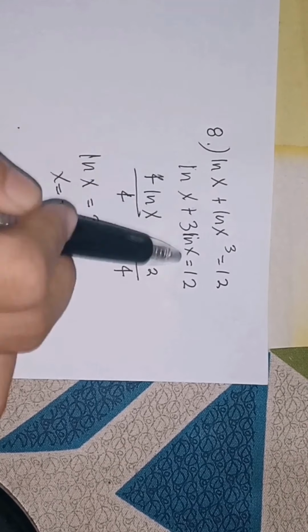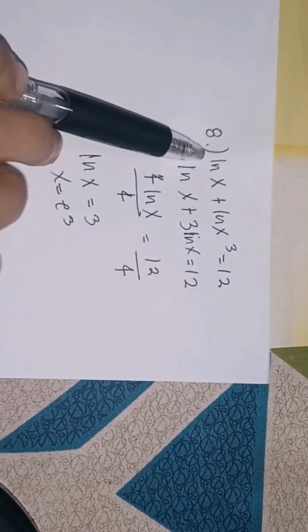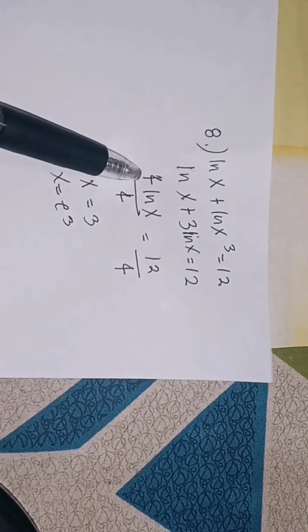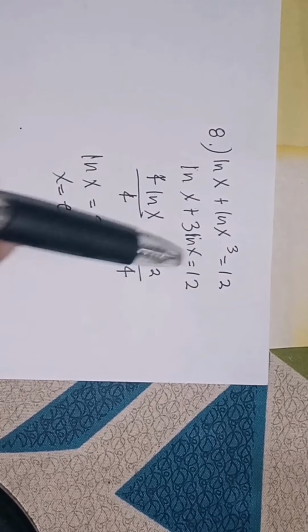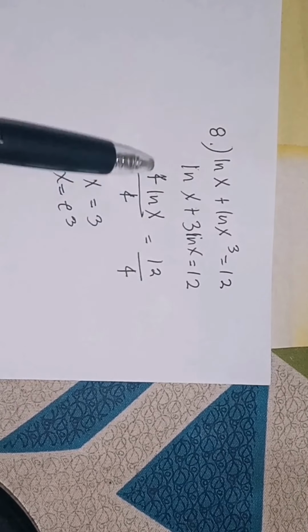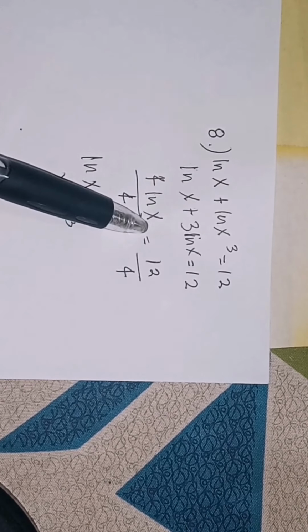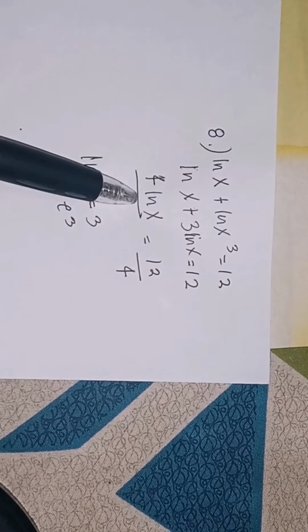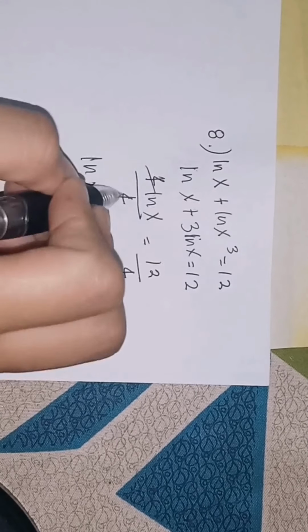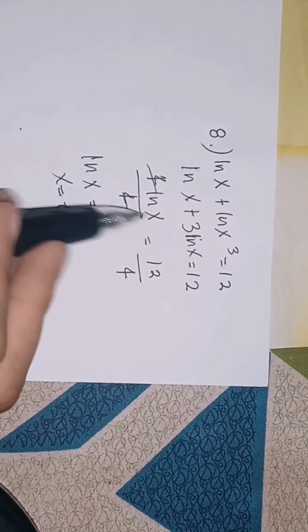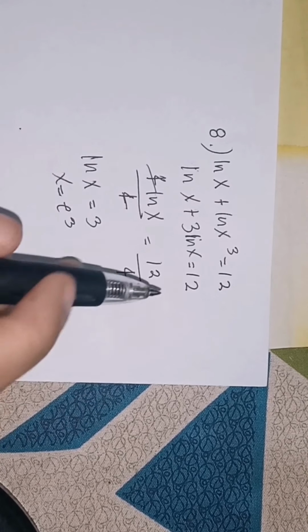So next, we combine these two. Always remember that the invisible coefficient is 1. So 3 plus 1 is 4 ln x. We combine these two, equals 12. Because we have a coefficient, in order to get it, we must divide both sides by 4, so it cancels. What remains is ln x equals, so 12 divided by 4 is 3.